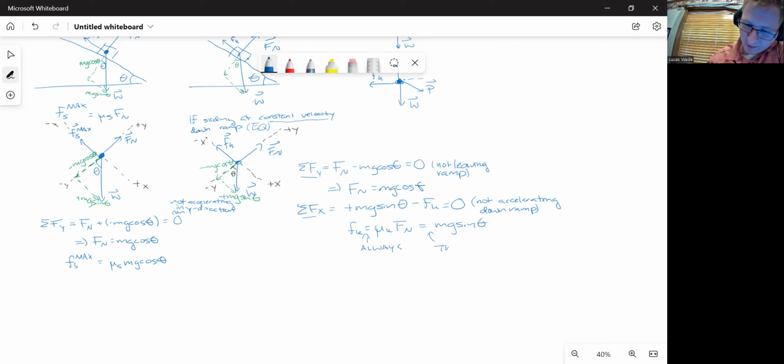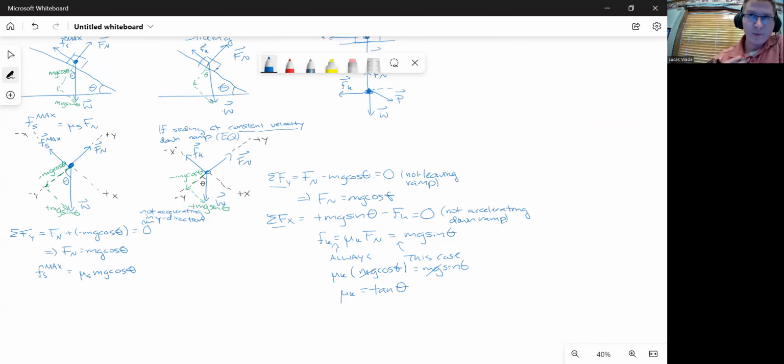So that's this case. And Fn itself is mg cosine theta. And so those cancel. And so we could, for instance, see that mu k is tangent of theta.